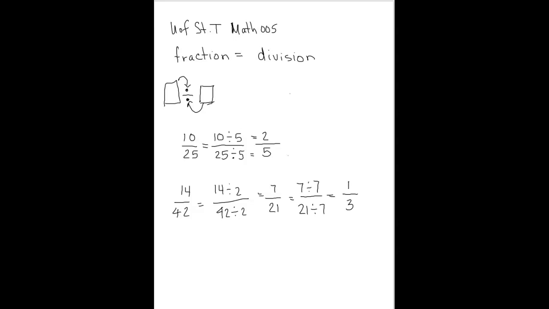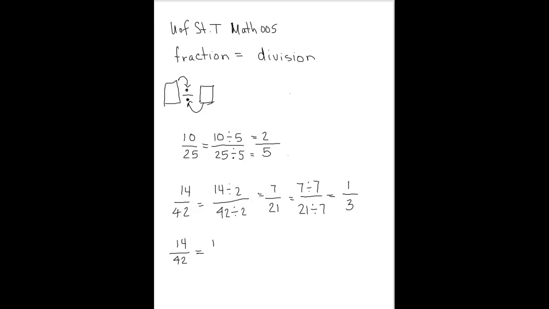Now, if you had spotted that 42 is 3 times 14, that's fine too. If you notice it, you're welcome to do it this way. But if you don't notice it, there's nothing wrong with going through a couple passes to make certain that you've actually reduced it completely. So here I've got 14 over 42.